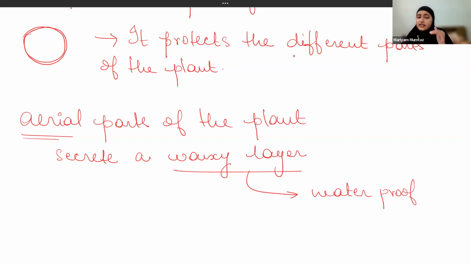So since this layer is present, the wax coating is there on the epidermis. Now see, the epidermis is covering the whole body of the plant, and apart from that, a waxy coating is also there on the epidermis, which protects the water from being lost.